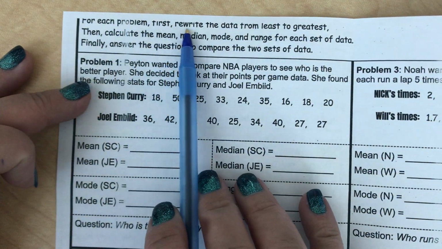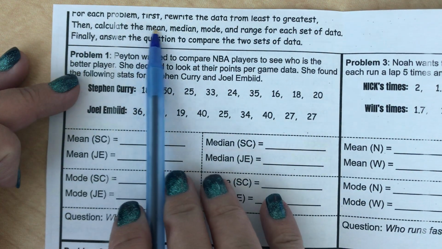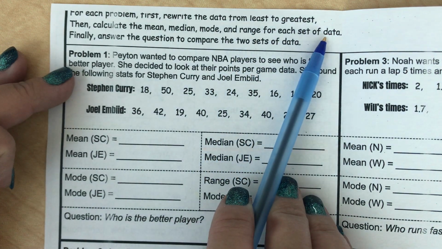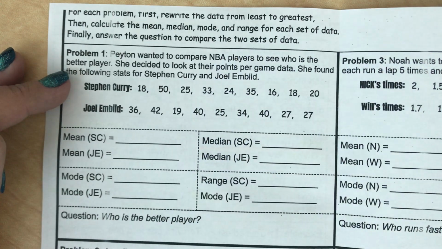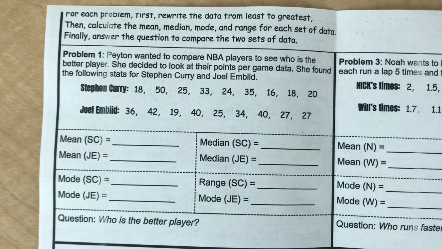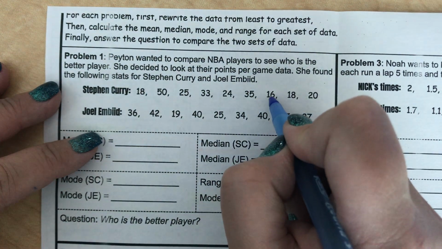For each problem, first rewrite the data from least to greatest. Then calculate the mean, median, mode, and range for each set of data. Finally, answer the question to compare the 2 sets of data. So I have to put the numbers in order first, because once the numbers are in order, I can use the organized data.